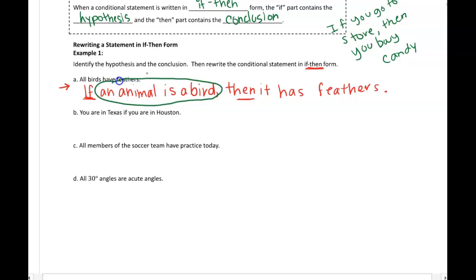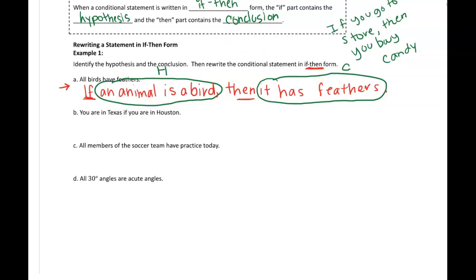So this here is my hypothesis. Okay, and then it has feathers is my conclusion. Now notice both of these things by themselves is a complete sentence. It's a complete thought. Okay, so that's my hypothesis and my conclusion.